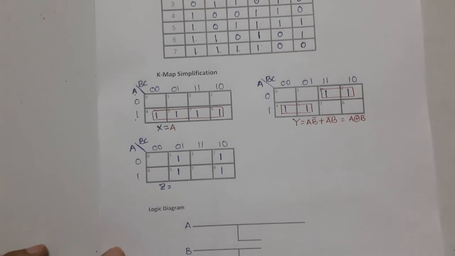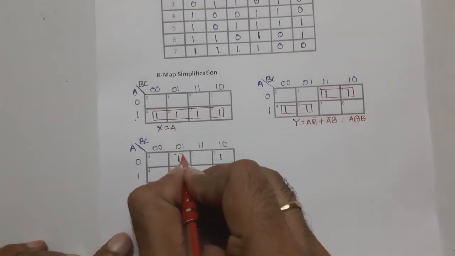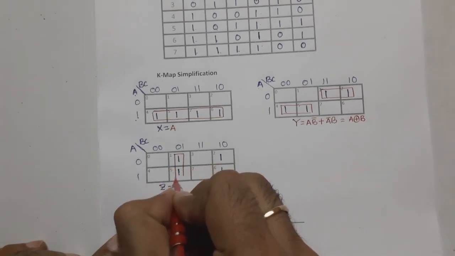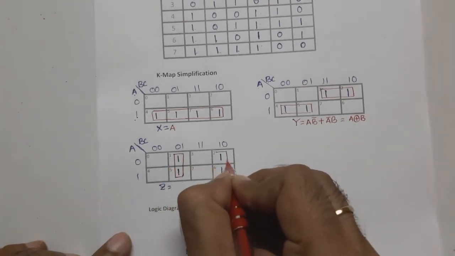Now next step is grouping. Now here this is one group, this is one group, and this is the another group.